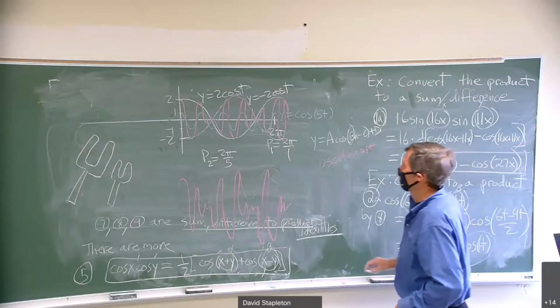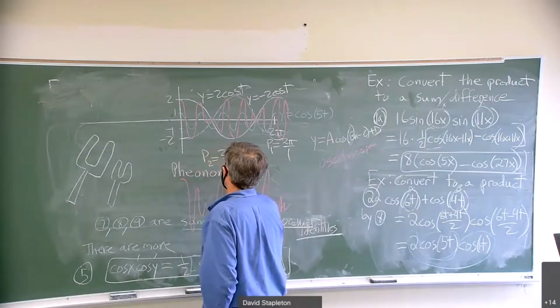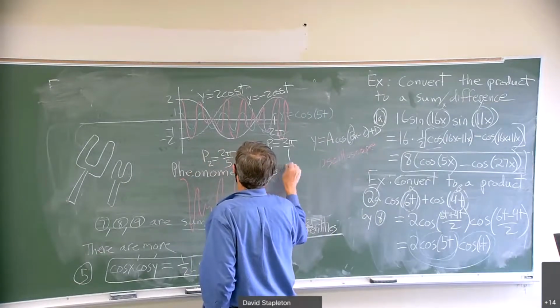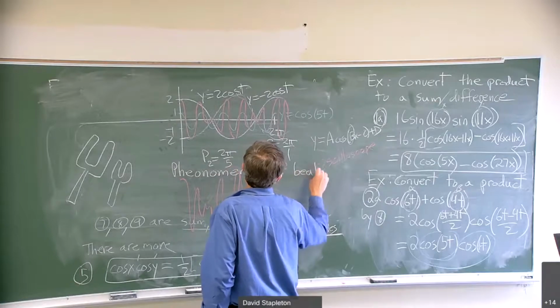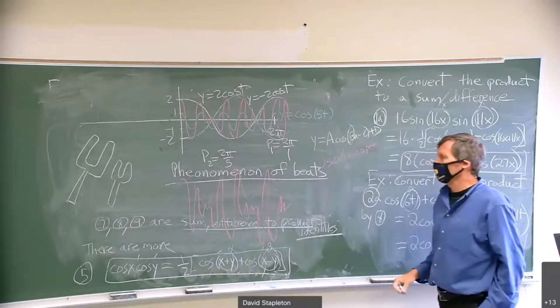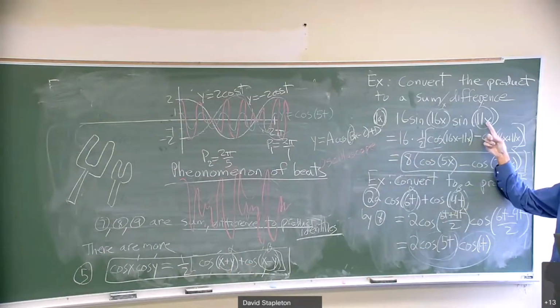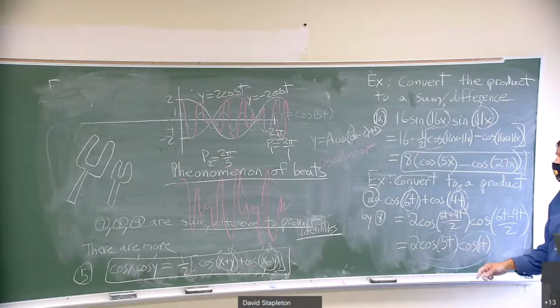This is called the phenomenon of beats. All right, so there's an interesting result that comes out of a sum to product identity. It shows you can predict this kind of weird behavior.